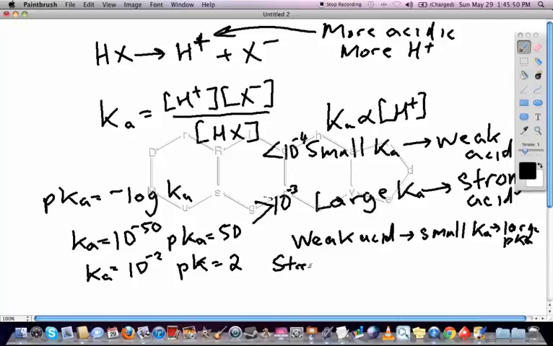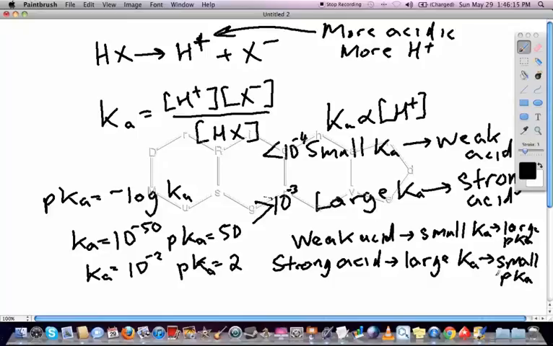A strong acid has a large Ka and a small pKa. So what you would say is that the lower the pKa, the stronger the acid is going to be. And I think that's a very good thing to remember. Large Ka, small pKa for strong acids.